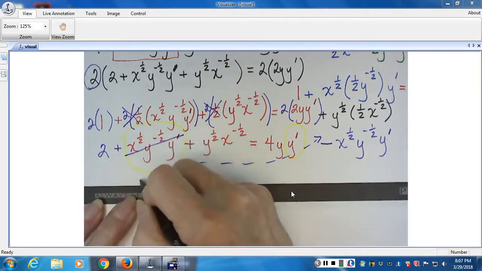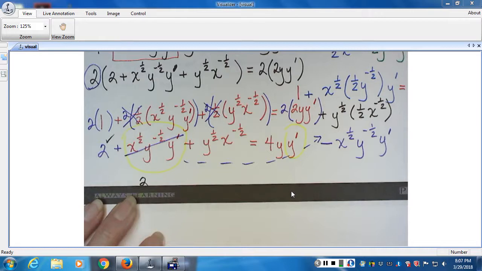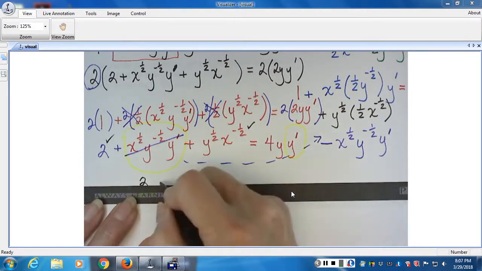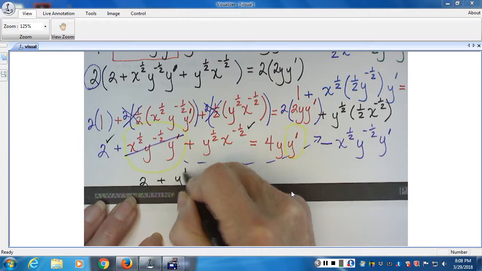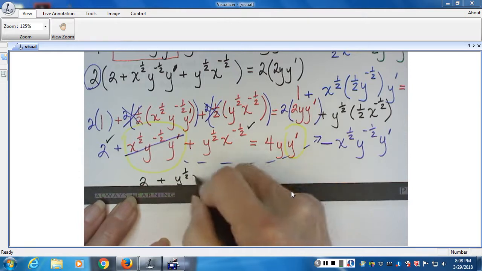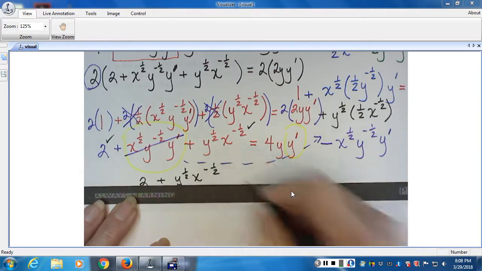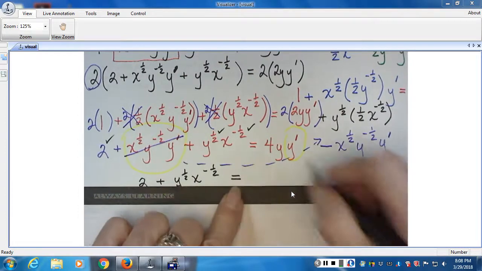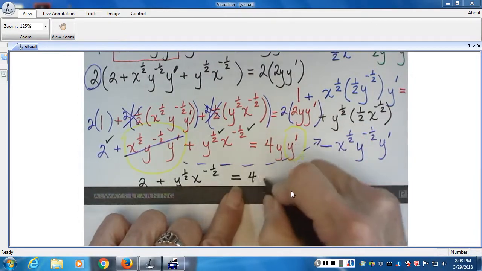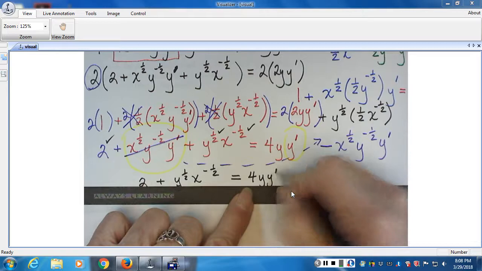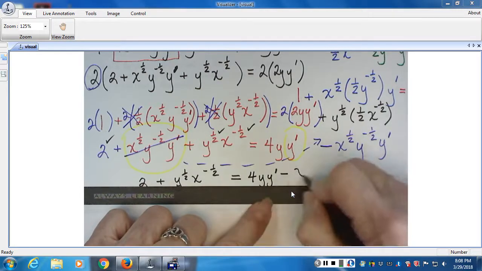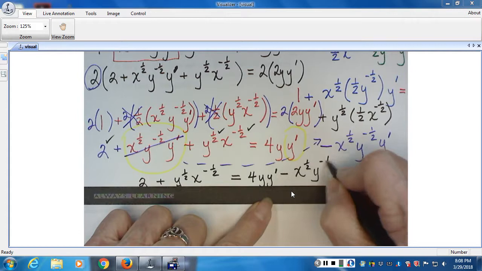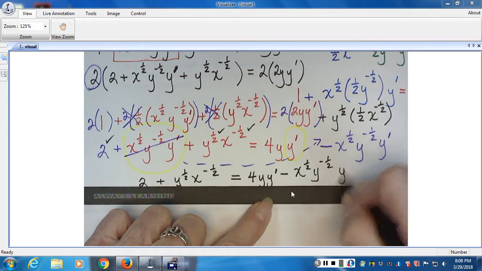The 2 plus y to the 1/2 times x to the negative 1/2 equals 4y prime minus x to the 1/2 y to the negative 1/2 y prime.